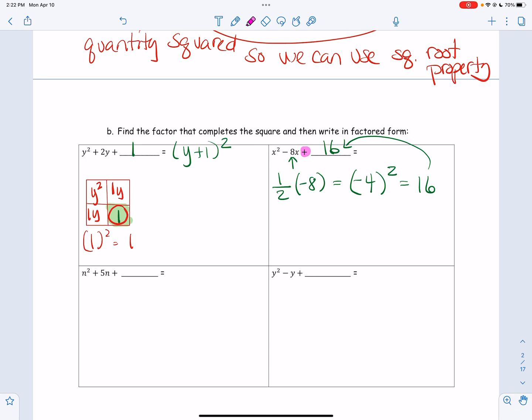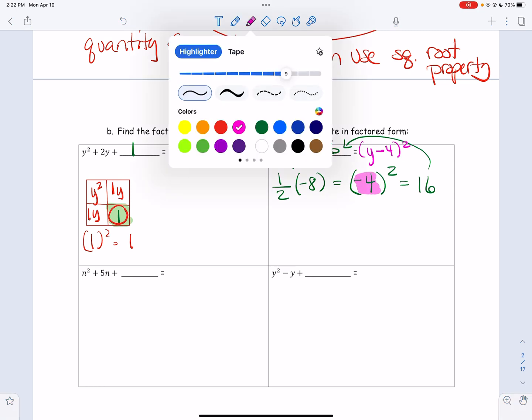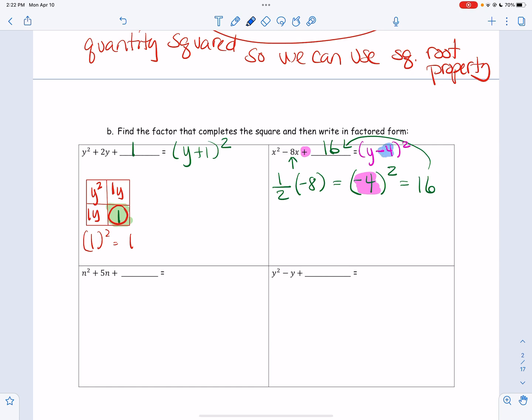And then they'll ask you to factor it as y minus 4 squared. Whatever this number is right here is going to match up with this number in the parentheses. And that's going to be helpful, especially when we get down to the bottom ones, when we have odd numbers.